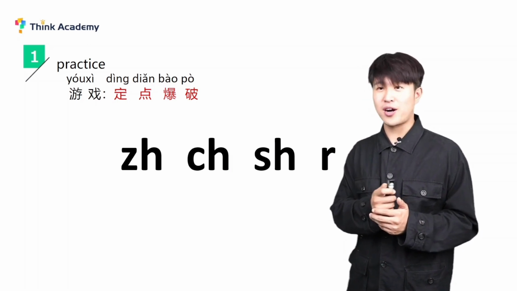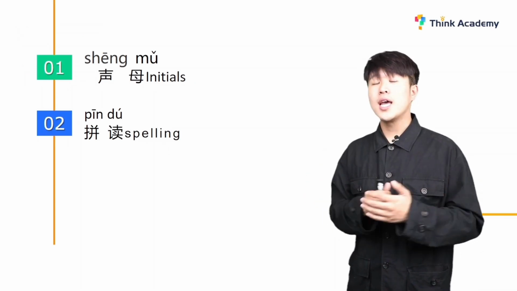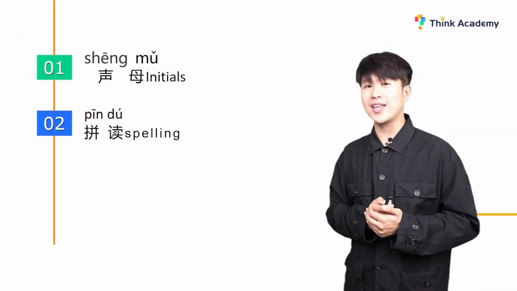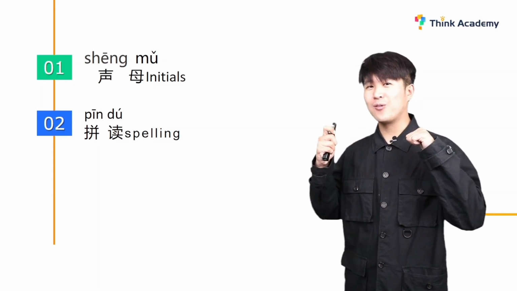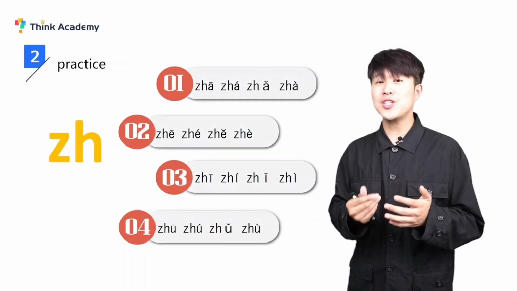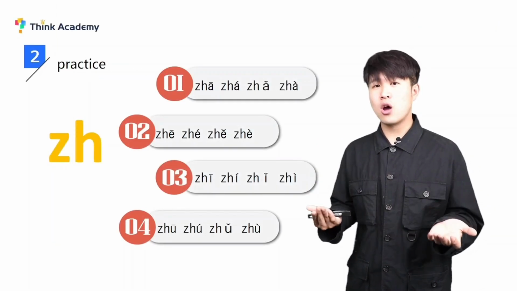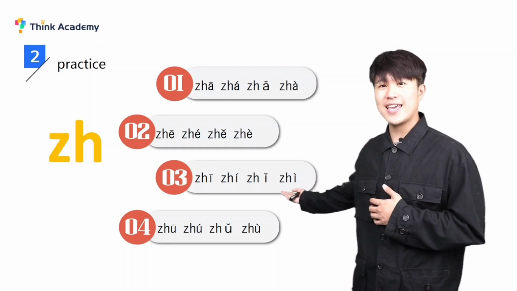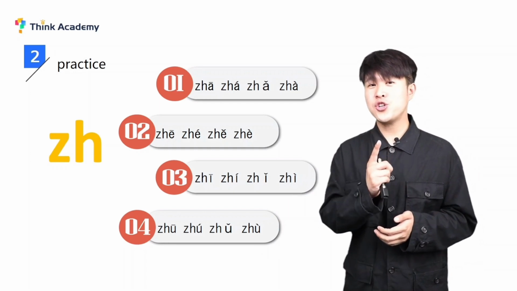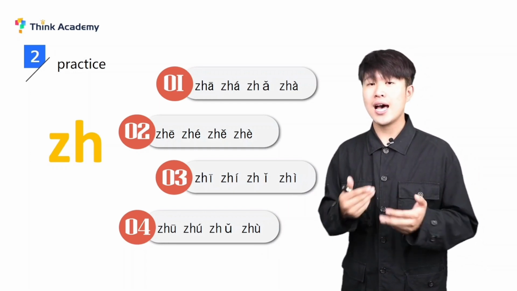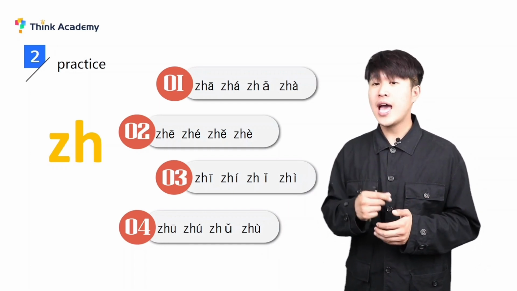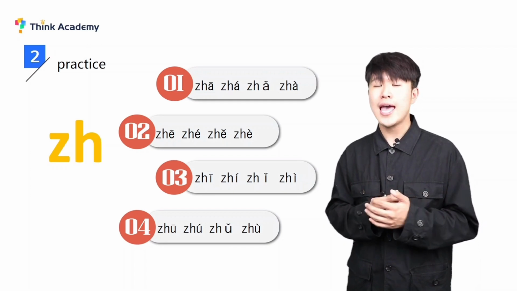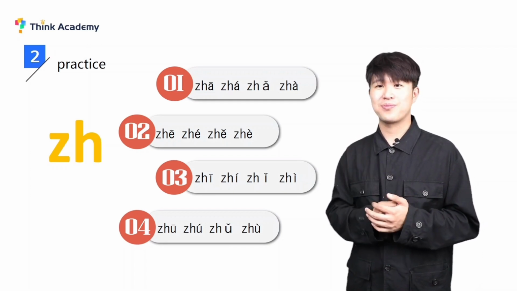Let's come to the next part. In this part, you can practice your Chinese spelling. Buckle up, off we go. Here are 4 lines you need to read after me. Before we start, let me give a brief introduction for the third line. When 知 and 一 are spelled all together, they have the same pronunciation as 知.